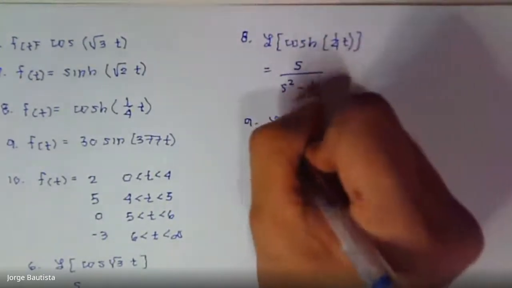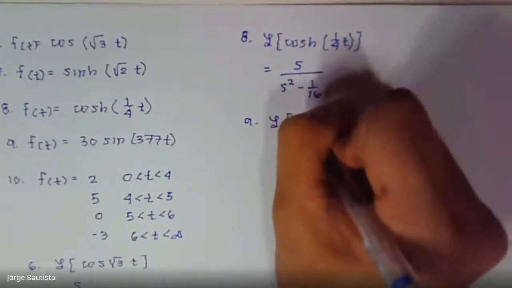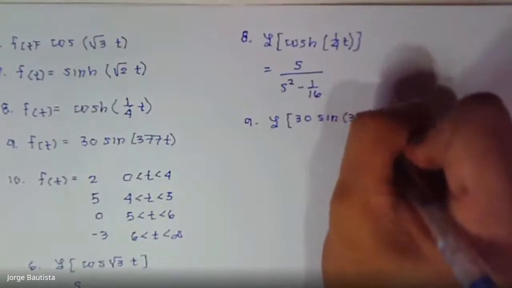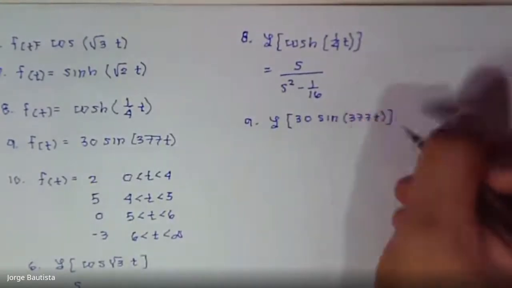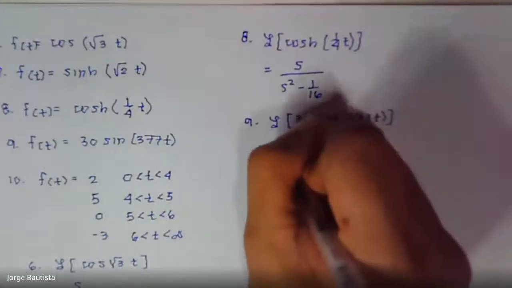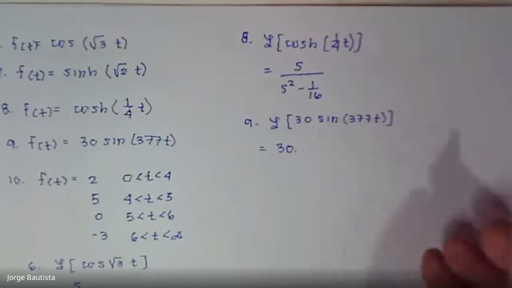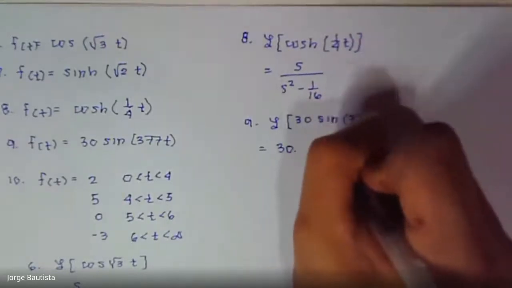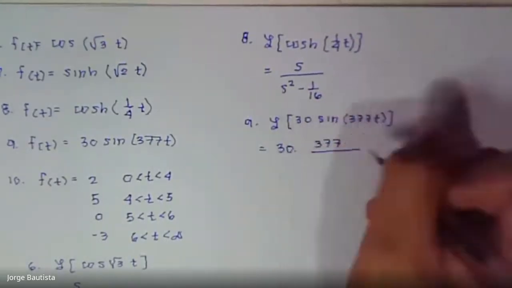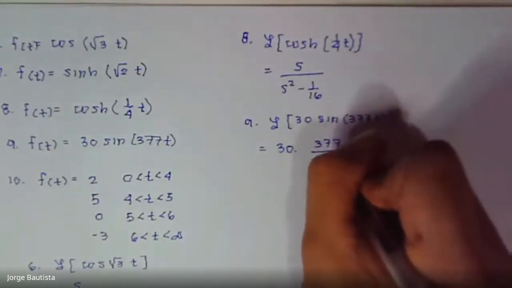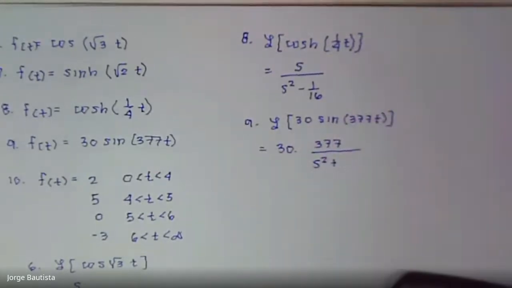Number 9. So you have Laplace of 30 sine 377t. Okay? So 30, nilabas mo yung 30, that is constant. Sine yan, so omega, di ba? Omega, nasa taas, so 377 over, hindi ito hyperbolic, so sine squared, magiging plus, then squared ng 377, okay, so 142,129.